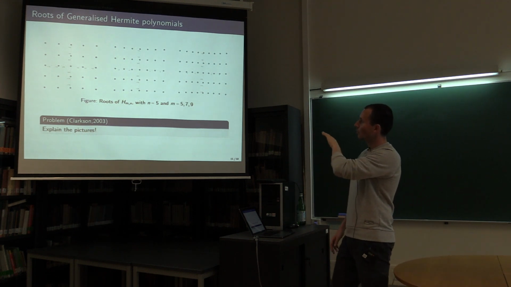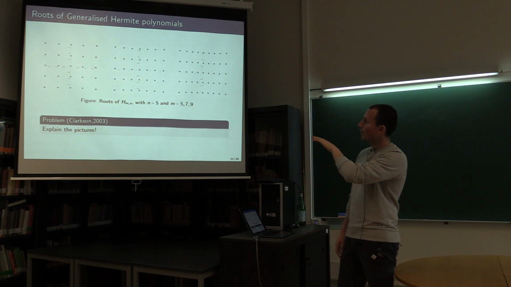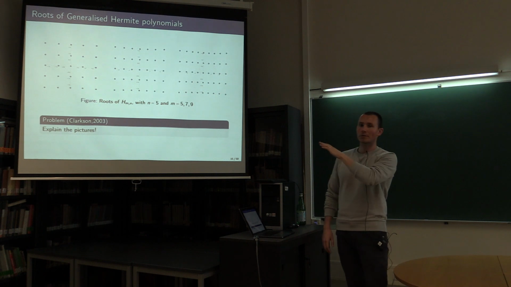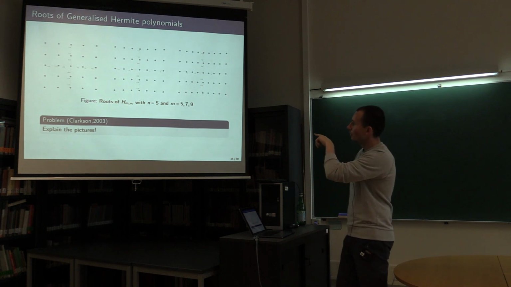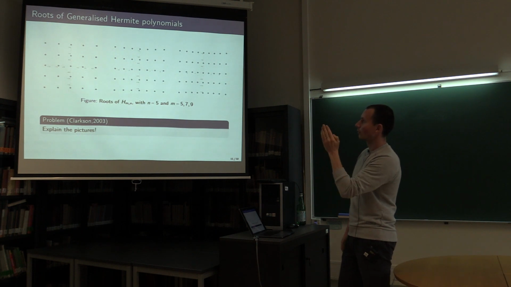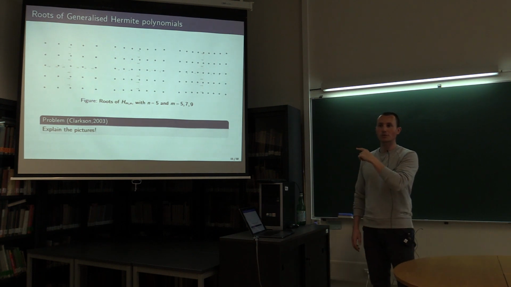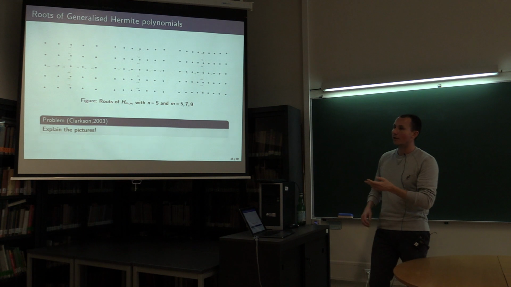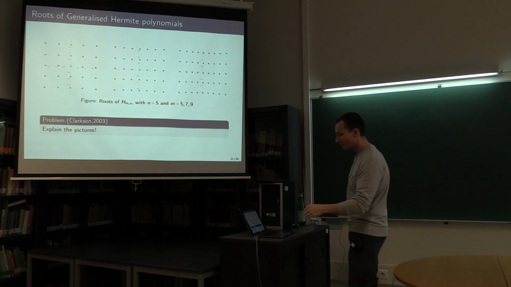The zeros seem to lie on an almost quadrilateral grid, or a lattice. And m parameterizes the number of columns of the zeros, it seems, and n parameterizes the number of rows. So the problem is to try and understand what is happening here.